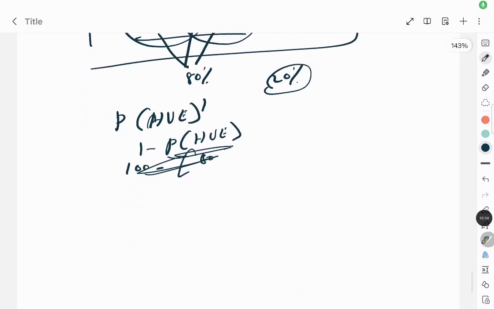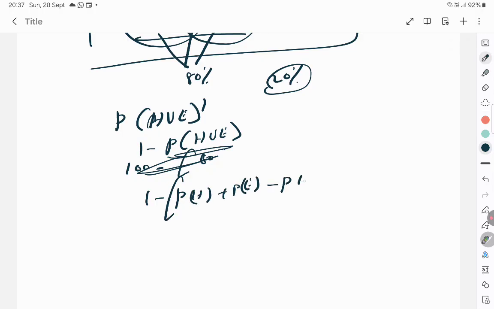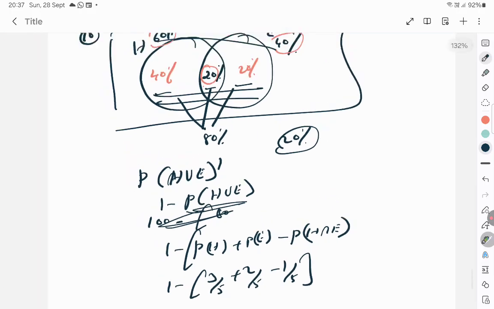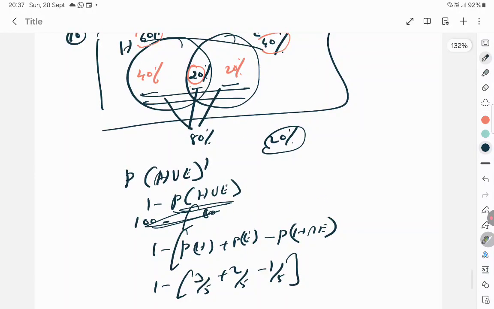If you want to do the sum, you can always substitute the formula: 1 minus P of H plus P of E minus P of H intersection E. So you have 1 minus 3 by 5 plus 2 by 5 minus 1 by 5, because the intersection is given as 20 by 100, so it will be 1 by 5.